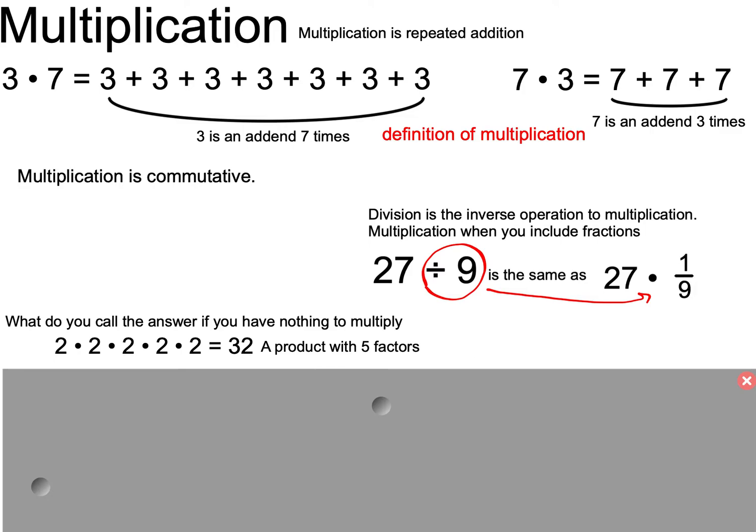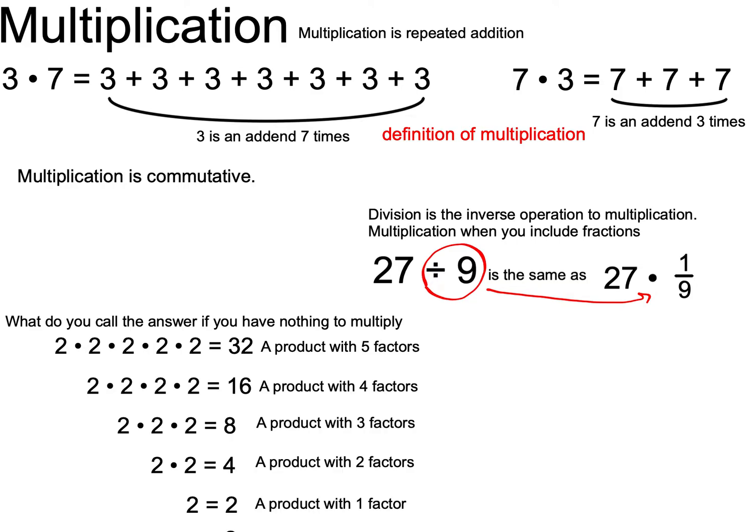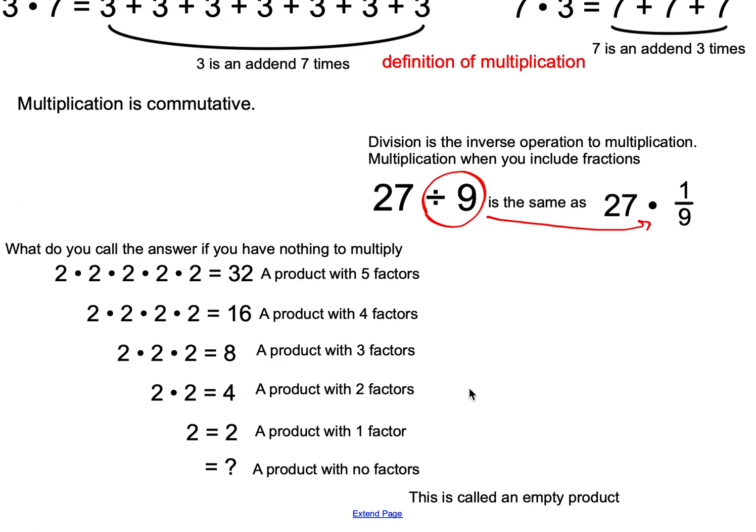Okay, what do you call the answer if you have nothing to multiply? So let's take a look here. If we have 2 times 2 times 2 times 2 times 2, that's 32. 5 factors, all of them being 2. What do you get if you have nothing to multiply?